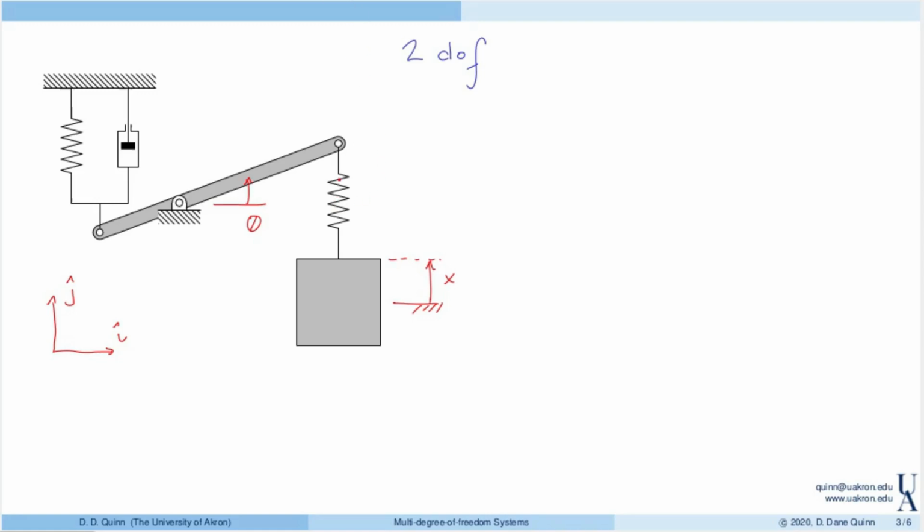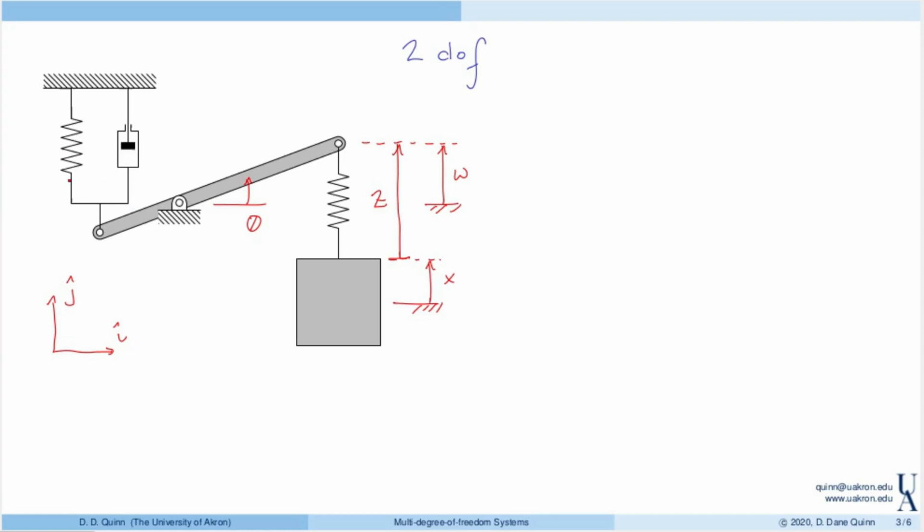However, we're going to use more coordinates than that because the spring force, for example, is dependent on the stretch in the spring. So here I can define the stretch in the spring as z, and then we can also identify the absolute position of the upper point as w.